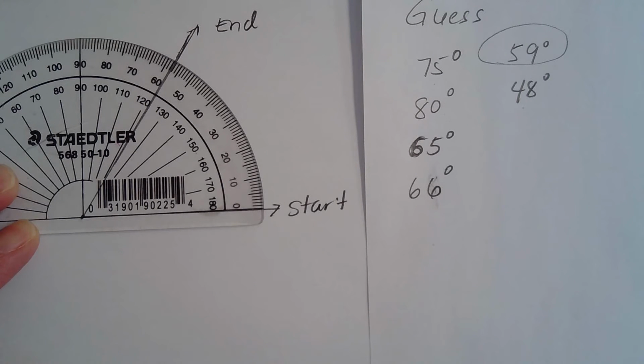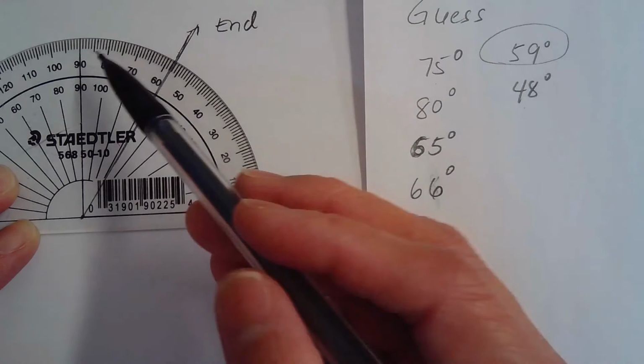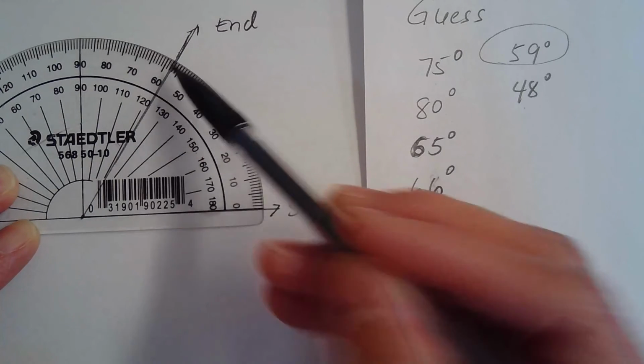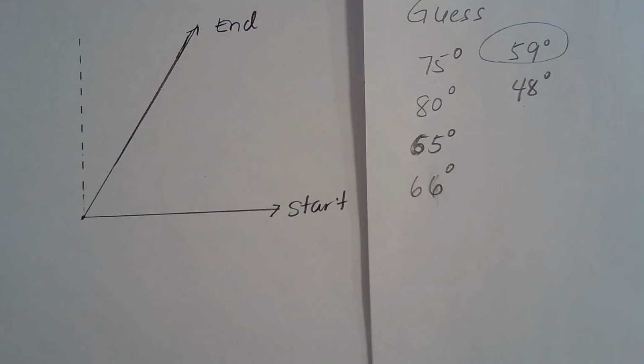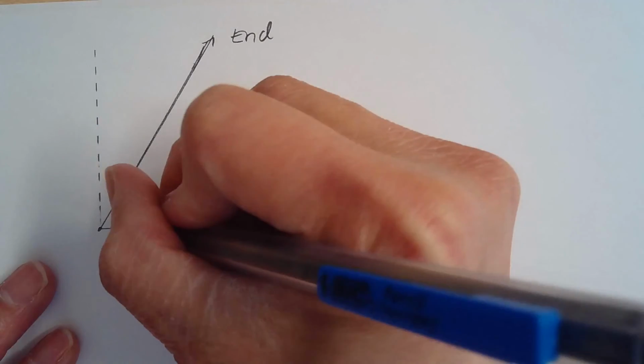Oh, very nice, very nice. Okay, so that's pretty good. 59. Yeah, 59. Good. So this is the 90-degree angle. This is 59 degrees.